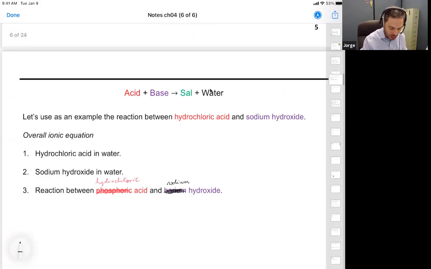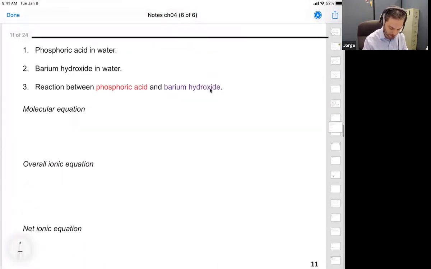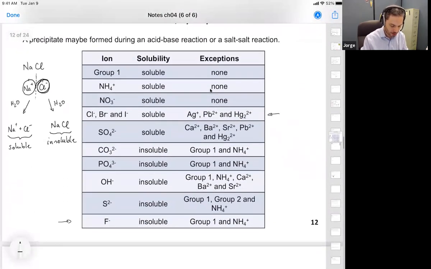Okay, we just need half of the components here to determine the solubility. Okay, so going back to the table, the first row right here is group 1. Okay, any salt from group 1 is soluble, and there are no exceptions.